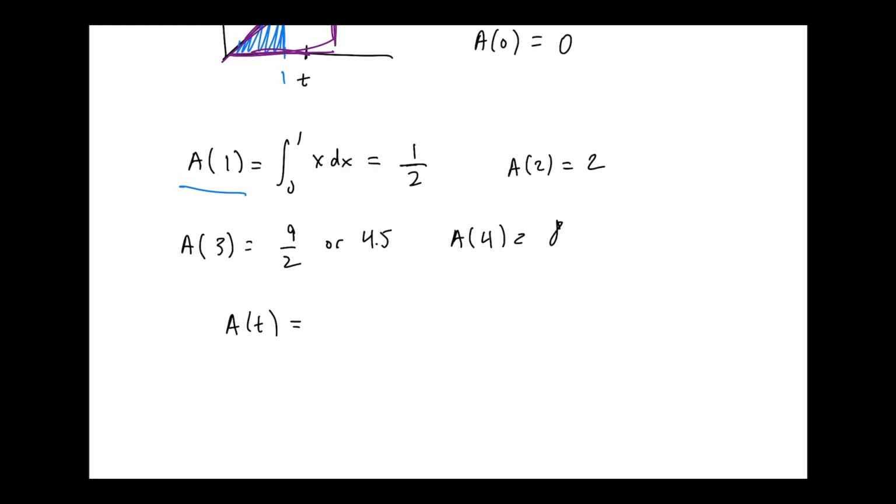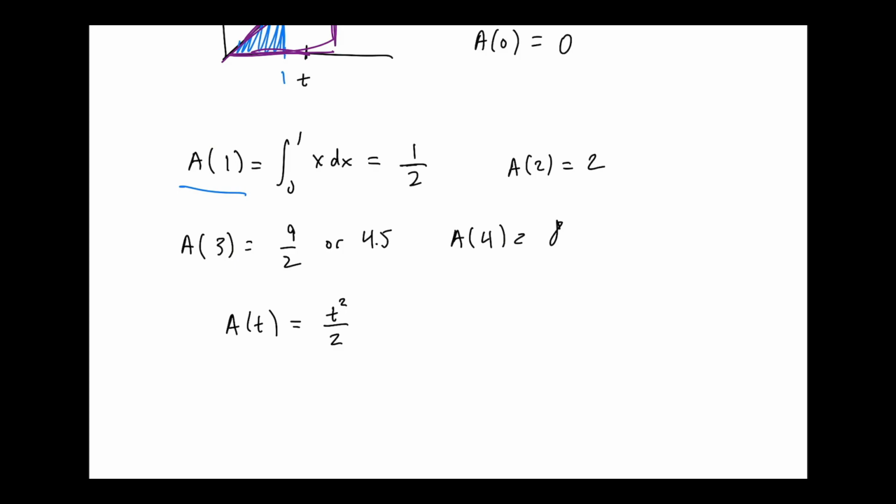Okay, yeah, let's try that. Does that work? Well, check it. If you plug 0 in, do we still get 0? Yeah, so that one's good. What about 1? 1/2. 2, 2. 3, 9/2. 4, 8.